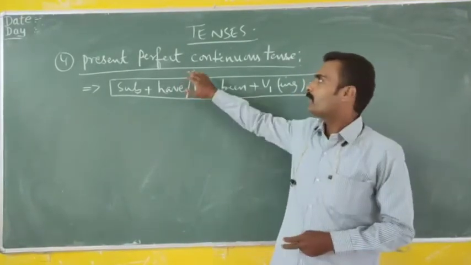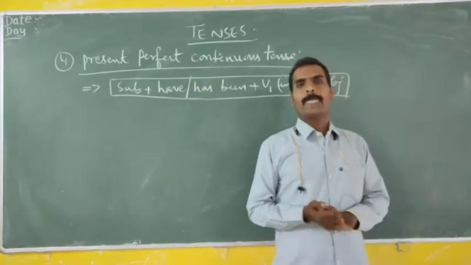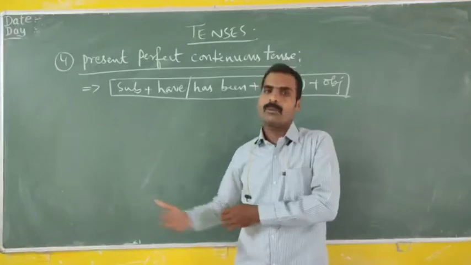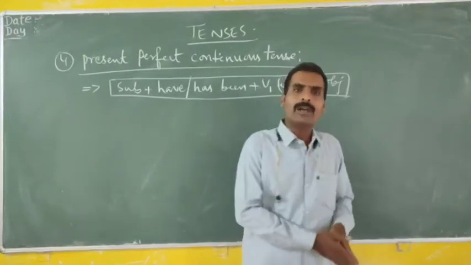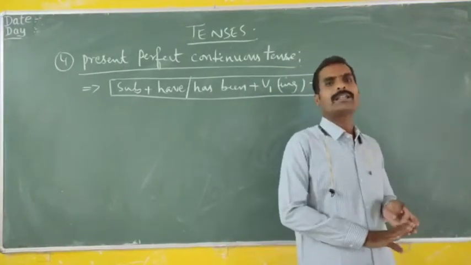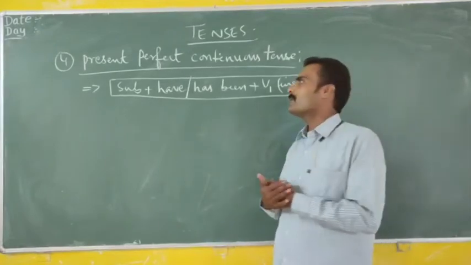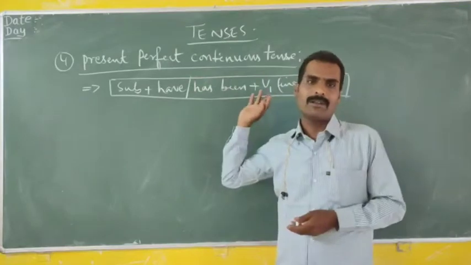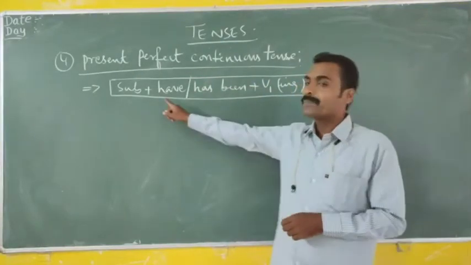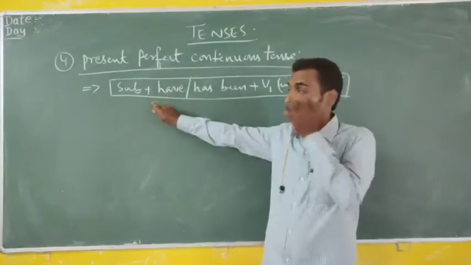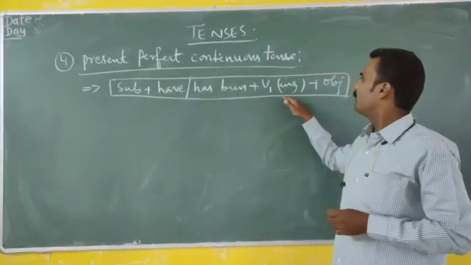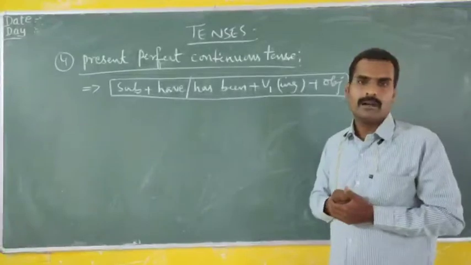అంటే ఈ present perfect continuous tense ని మనం ఏదైనా ఒక పని గత కాలంలో ప్రారంభమైంది, ఇప్పుడు కూడా ఆ పని కంటిన్యూస్ గా జరుగుతూ ఉన్నట్లయితే చెప్పడం కోసం వాడుతున్నాం. We can make this tense with subject plus have or has been plus V1 ing plus object.